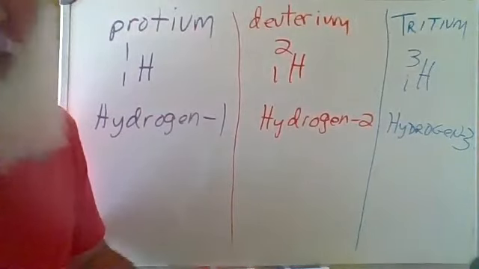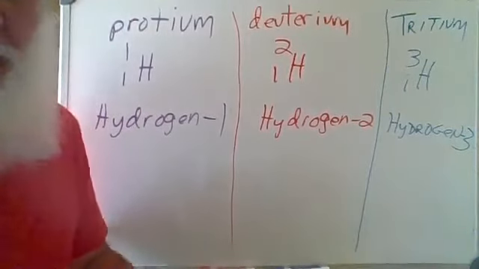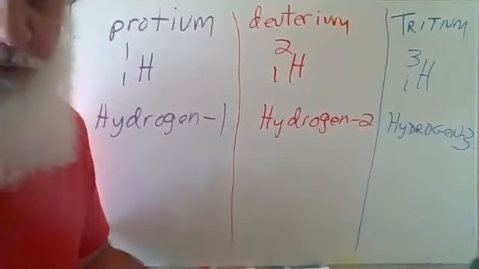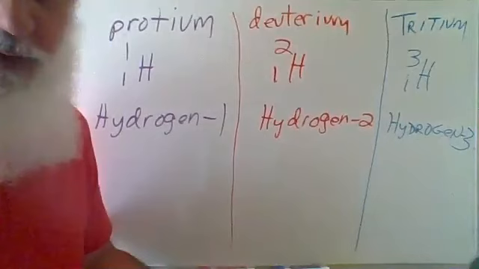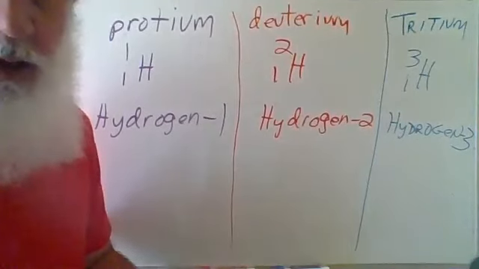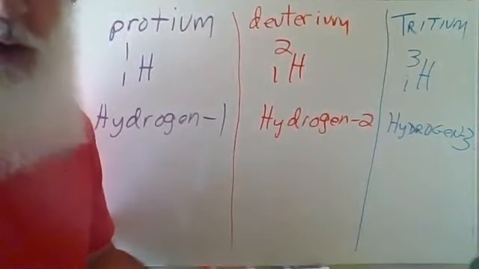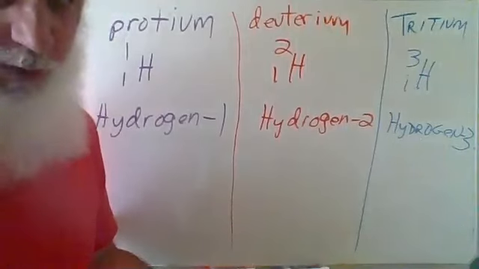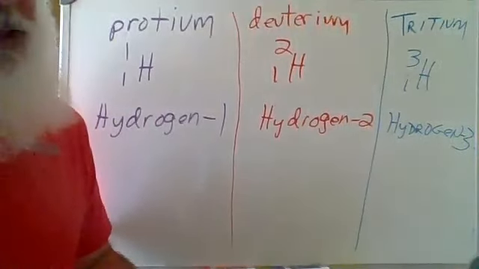Now if you look at chlorine, atomic number 17, its mass on the periodic table is 35.45. So there are actually 2 dominant isotopes for chlorine, 35 and 37, but there's much more of 35 than 37. If I remember correctly, for every 3 chlorine 35s, there's 1 chlorine 37.